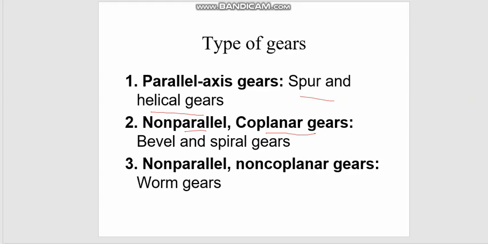Some examples are the bevel and spiral gear systems, right? And the other gear system is called non-parallel, non-coplanar gears, and an example is worm gears. We're going to look in detail at each of the gear systems that we mentioned here.